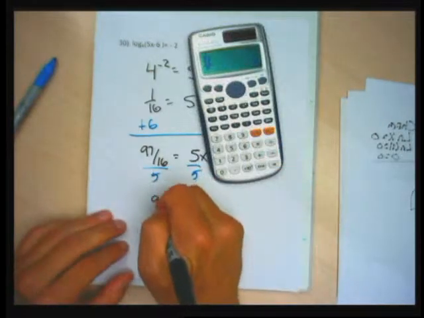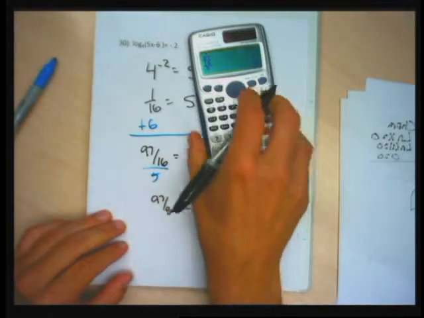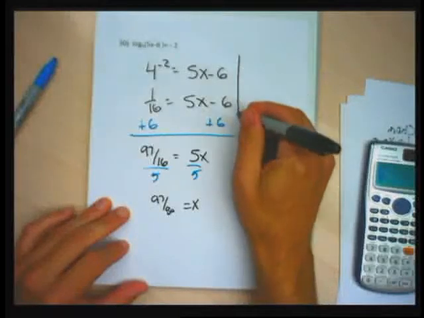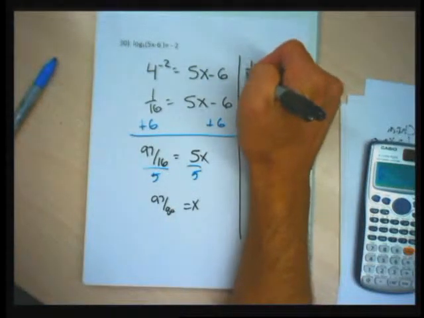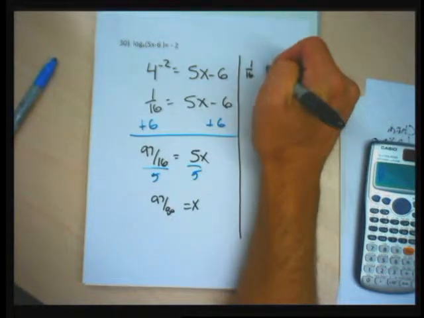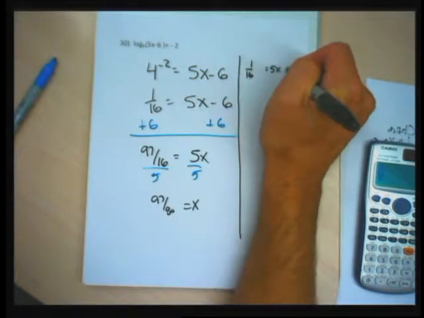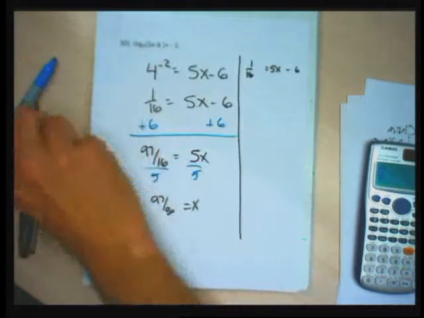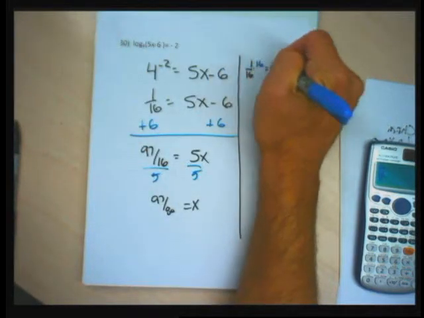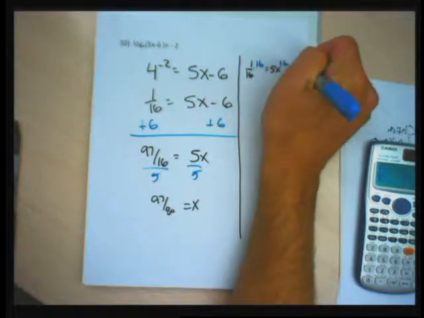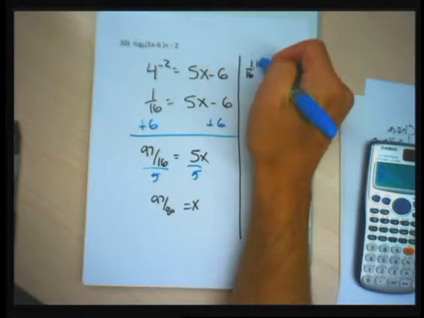Let me show you how I would solve it by hand real quickly. From this point right here, if I was working by hand and I had 1/16 equals 5x minus 6, that fraction's going to mess me up like crazy, so I'm going to multiply everything by 16 to clear the fractions.